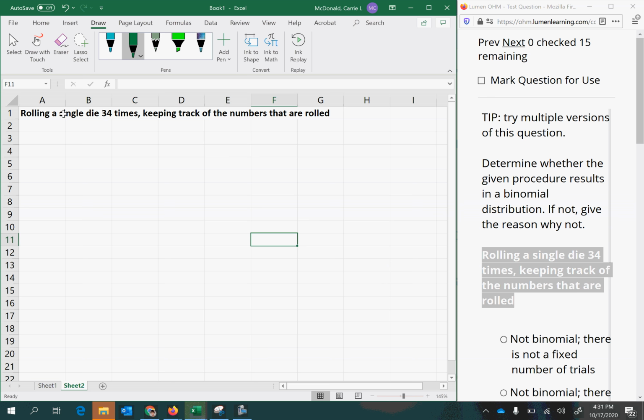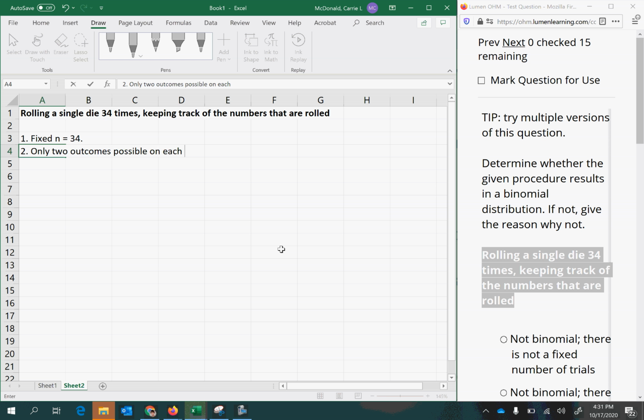Okay, well, we are rolling a single die 34 times. So we have the fixed n, which is 34 in this case, because that's the number of times we're going to repeat the procedure. Also, we want to know if there are only two possible outcomes per trial, and the trials are the roll of the die.